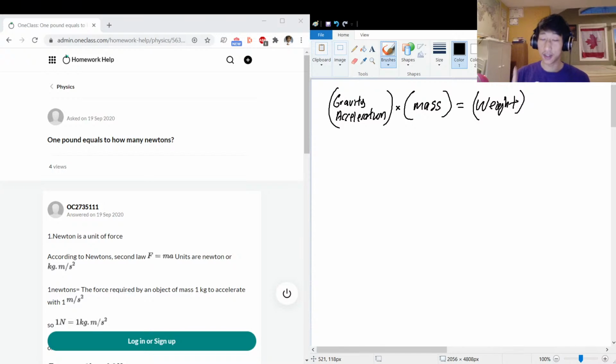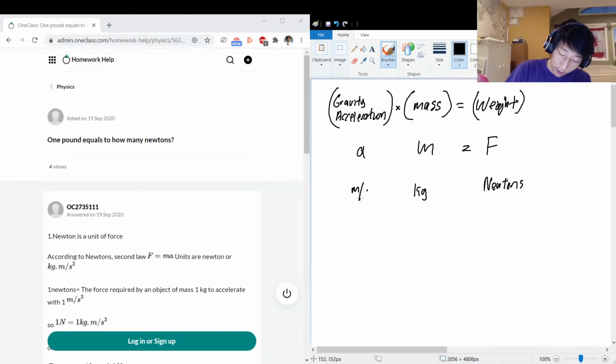Now, this is where things get a little bit confusing. So we know that this would be our a, this would be our m, and this would be our F. F equals ma. Thanks, Newton, for figuring that out for us. Now weight is measured in newtons. This would be kilograms. This would be meters per second squared.